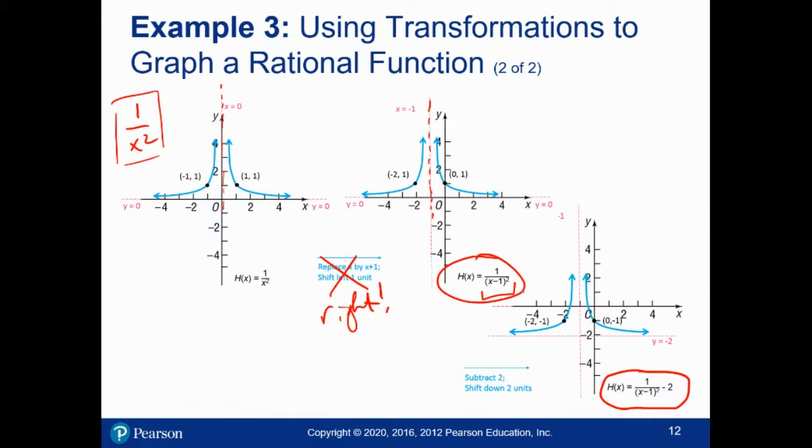Because the forbidden value is x equals +1. So at this stage, it should really look like this. And then I shift down by 2, and it should look something like this at the end. The forbidden value was x equals 1, not x equals minus 1. I apologize for that.